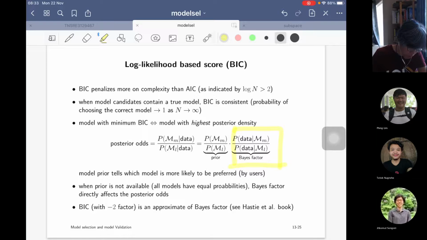Here's the connection with the Bayesian information criterion. The Bayes factor, this is some derivation in the Hastie books. After you account for the -2 factor, the BIC score is actually an approximation of the Bayes factor.